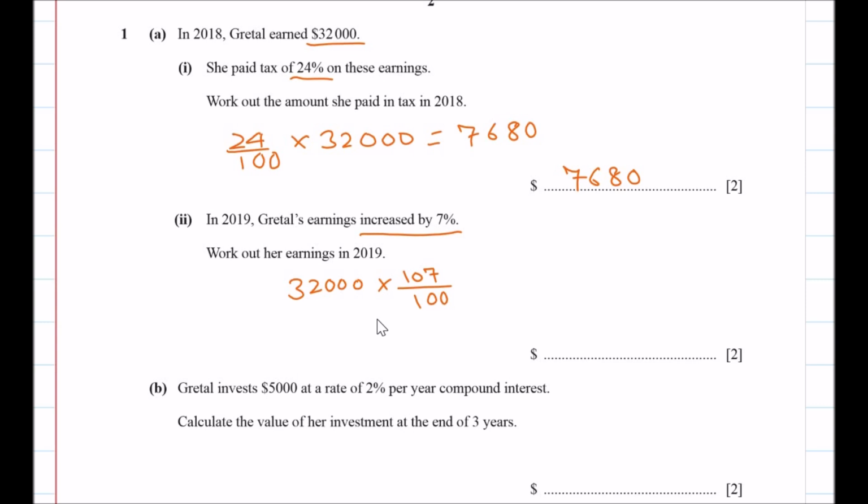So we are increasing 32,000 by 7%, multiplying 32,000 by 107 by 100, and if you multiply out, we get 32,240. So let us write in the answer space 32,240. That is our answer.